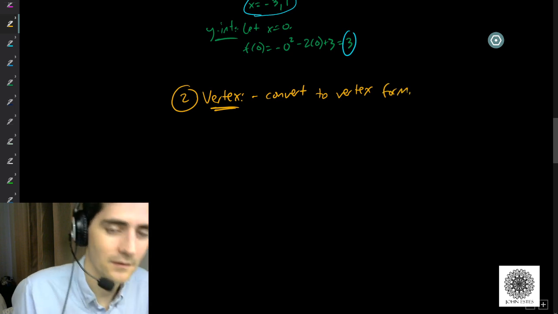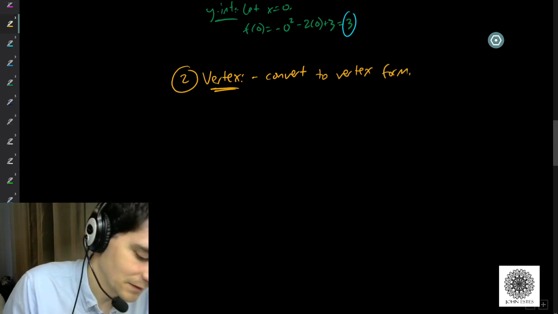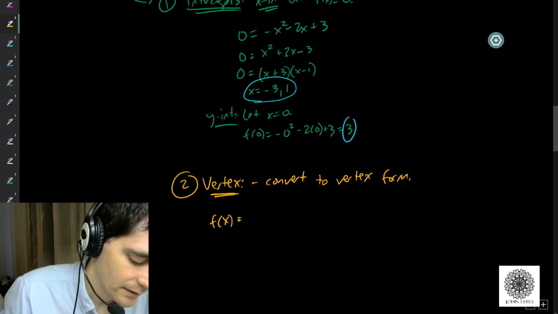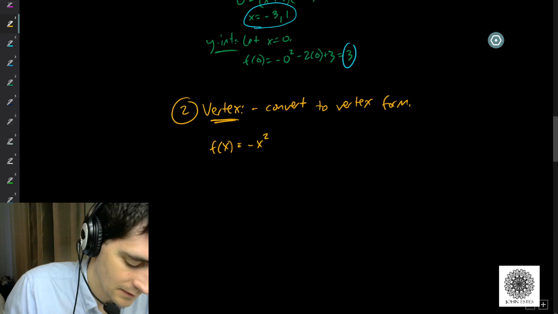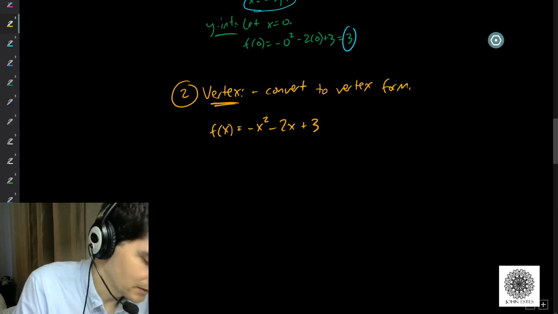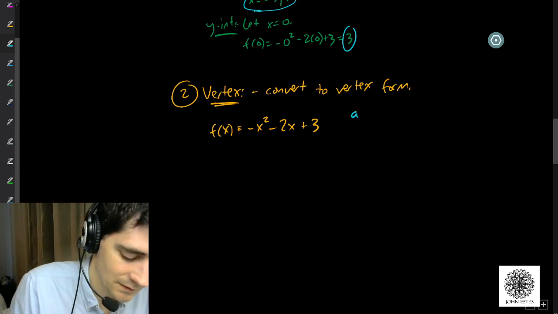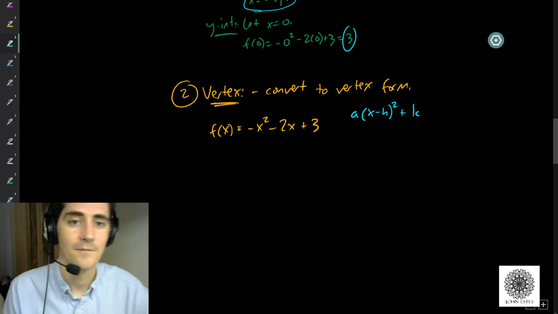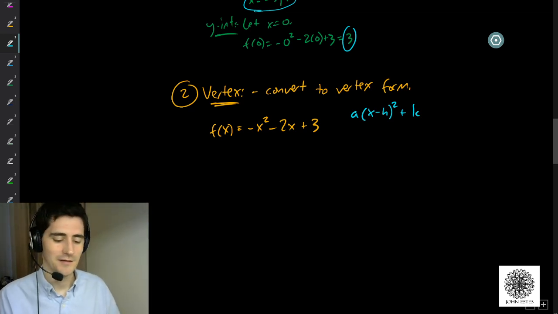And how do we do that? That's a good question. All right, so let's start off with what our function is. Our function is negative x squared minus 2x plus 3. And I need it to look like, remember vertex form looks like this: a times x minus h quantity squared plus k. That's what I need.